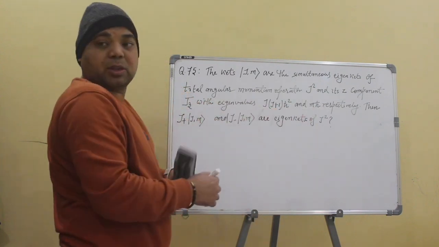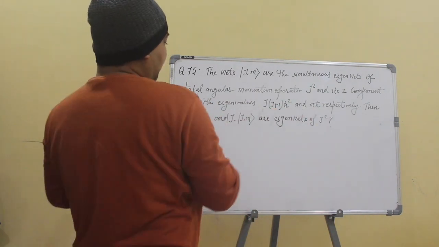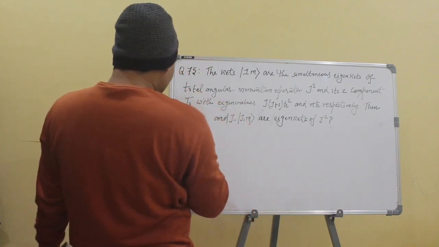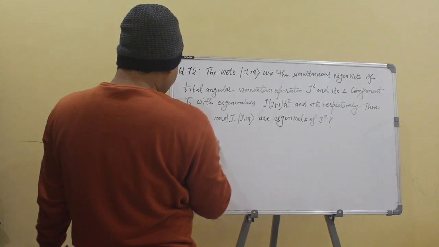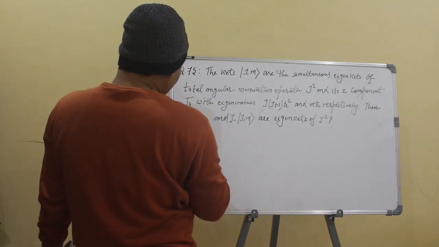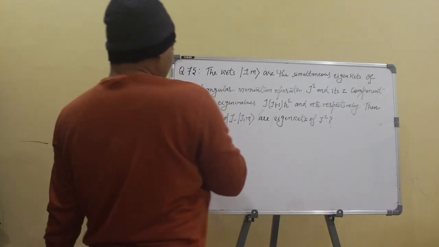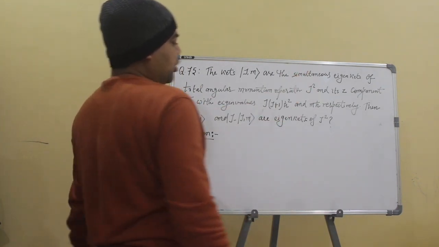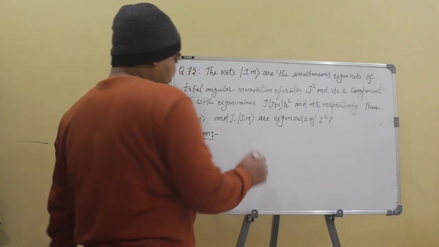It is asked whether they are eigenkets of J square with the same eigenvalue. So let us try to solve this problem and understand it.